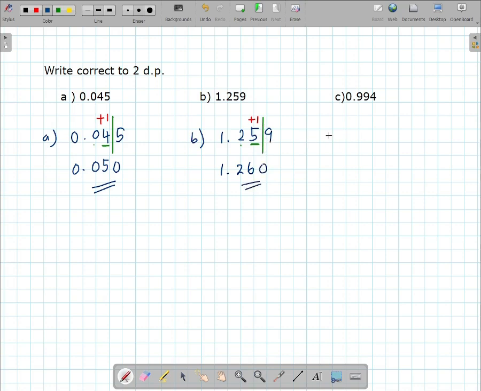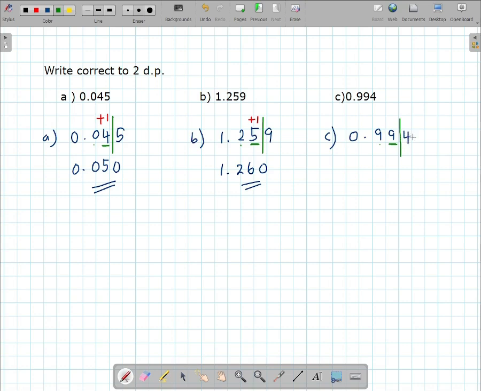Okay, then C, 0.994. So what is the second DP? First DP, second DP. Underline that, and after that, a separation. Then right after the separation, I'm going to check the digit, that is less than 5.